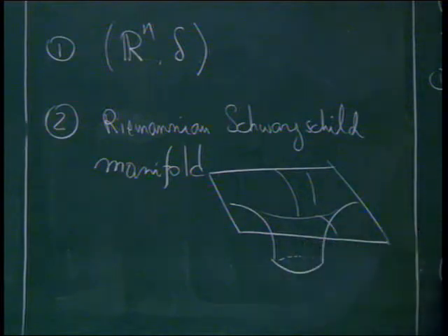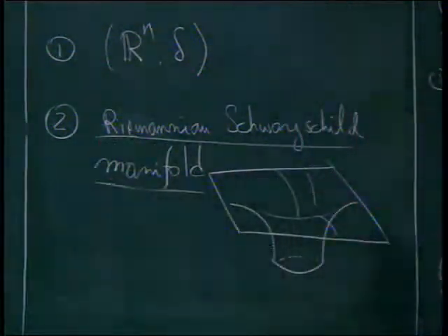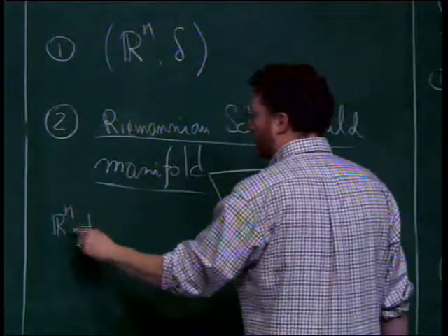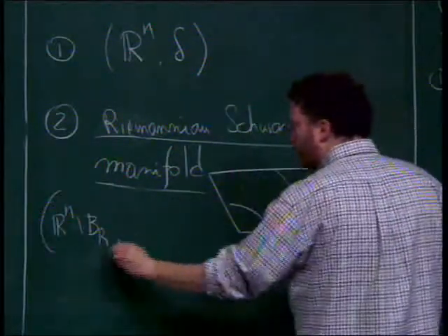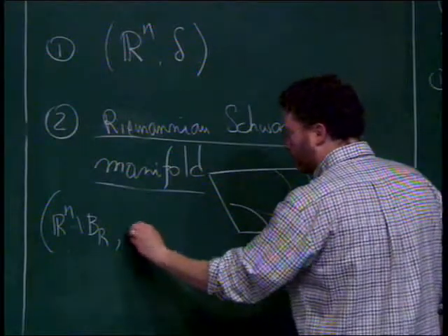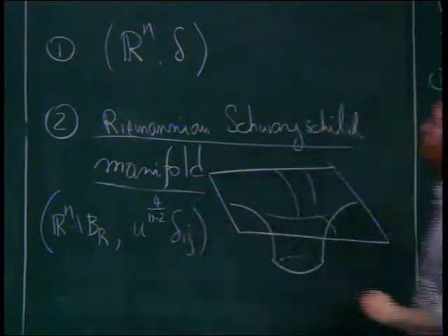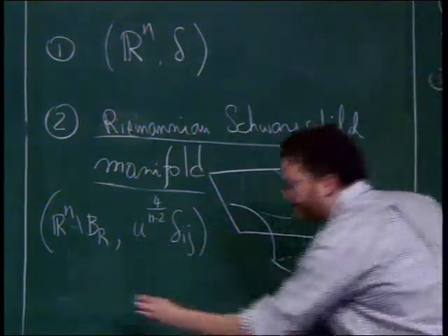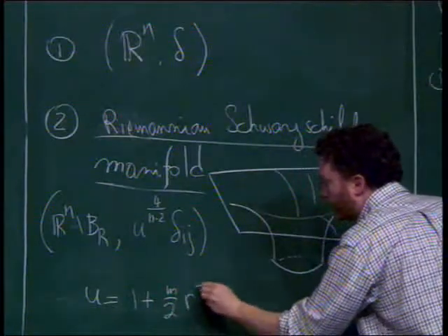It's a copy of this through this neck. But the more interesting way of describing this for the talk is the following. You think of it as, say, R^n minus some ball of radius r that you can specify. I don't want to waste too much time there. With the following metric: u to the 4 over n minus 2 times delta ij. So it's a conformally flat metric. It's a metric that's a positive function times delta, where u is the function 1 plus m over 2 times r to the 2 minus n.